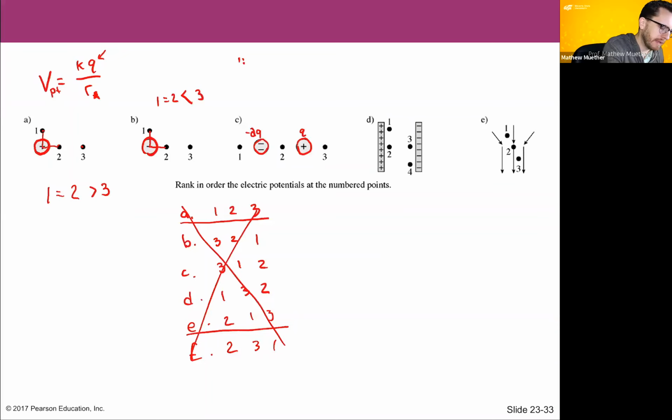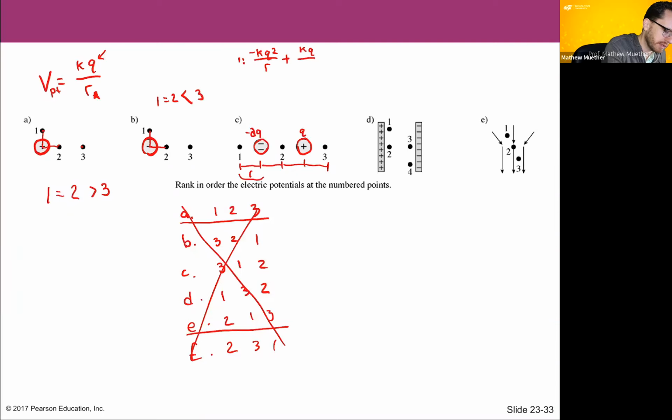Okay. Let me just say that the distance, we see that there's this kind of equal distance everywhere here. Let's just call that R. So point 1 has a potential from that negative 2 that looks like minus kQ2 over R. And then plus from that positive guy, it's going to be like kQ over 3R, right?